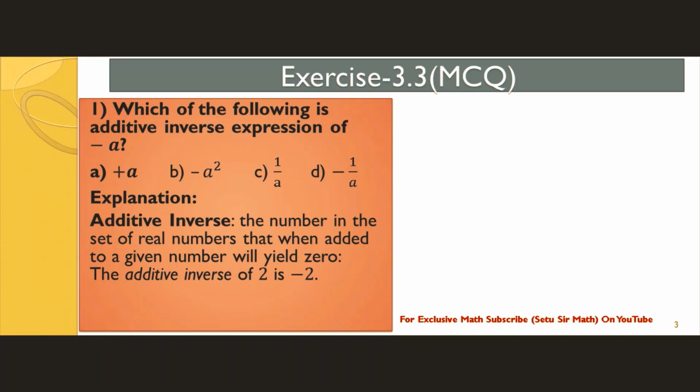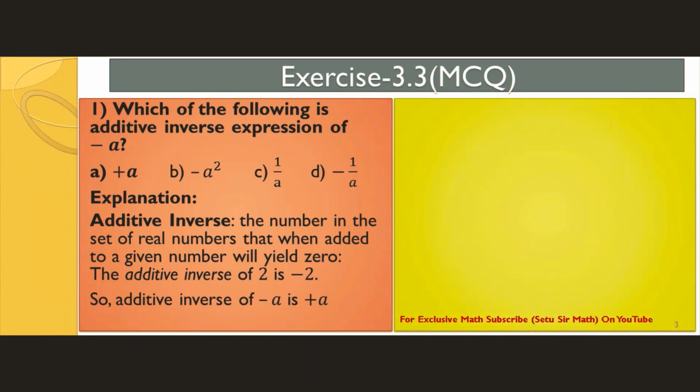That means it is possible if one number is plus and the other number is minus and they are the same value. So the additive inverse of 2 is minus 2. So in here, the additive inverse of minus a is plus a. You can look, minus a is plus a.